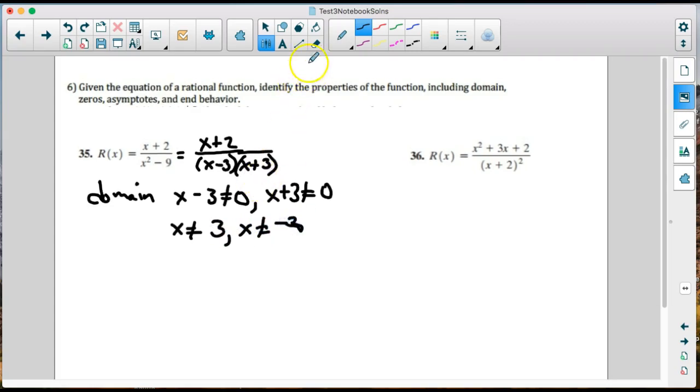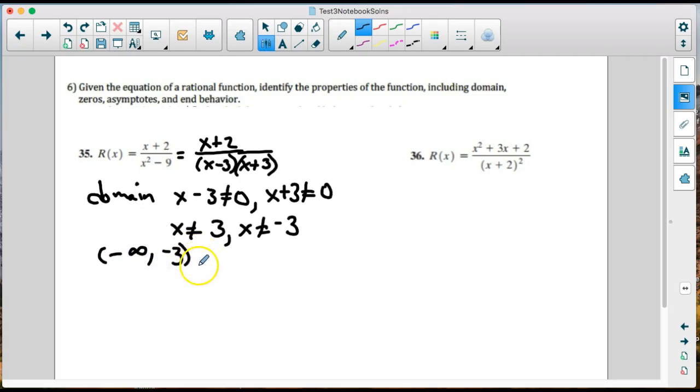If we wrote that in set notation, we can do it that way, or we can write it with interval notation. That means we're going to start at negative infinity and go up to negative 3.